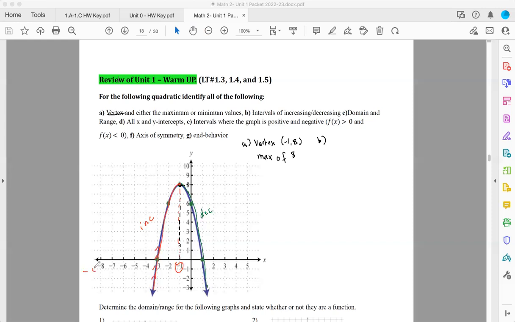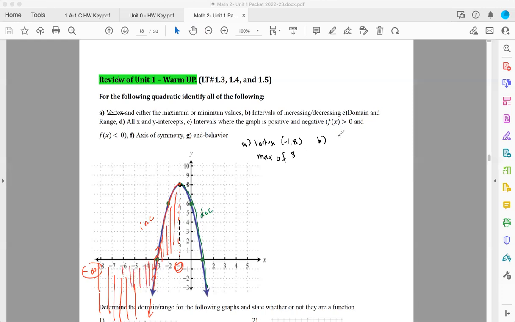If you're coming from negative infinity, the graph is going upward. So this graph is increasing from negative infinity all the way up to -1. That means if the x values go from negative infinity to -1, your graph is going upward, which is this portion here of the graph.